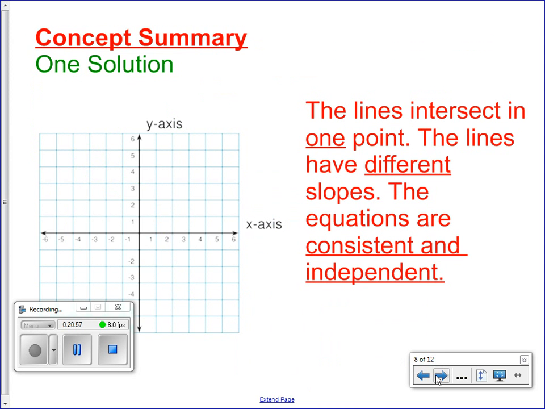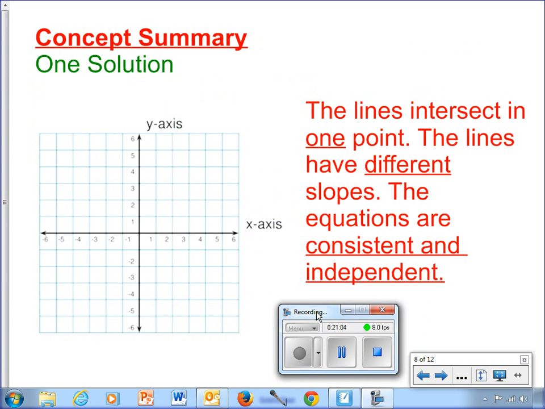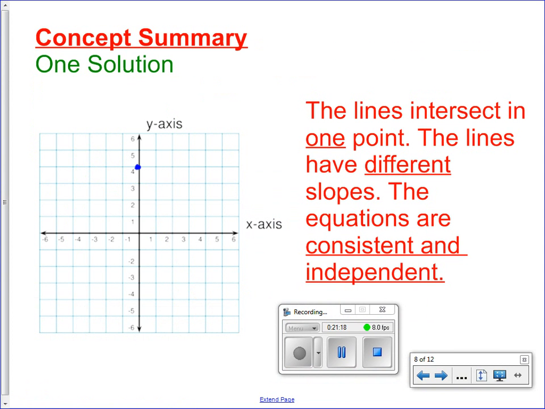All right, now let's go to our concept summary. And on our concept summary, we're going to use problem number 1 for the first graph. So that problem was y equals 2x plus 4. So copy the graphs from problem 1 onto this.